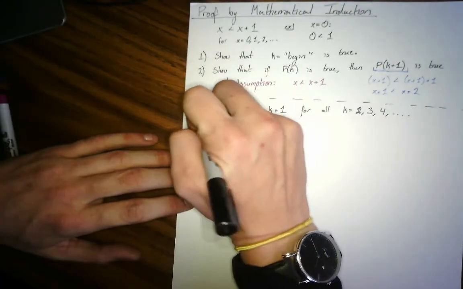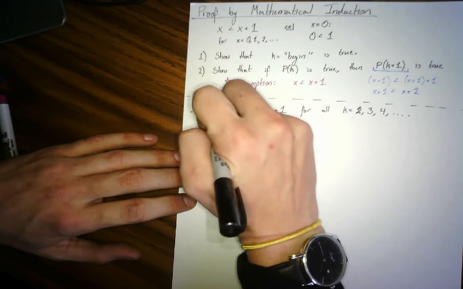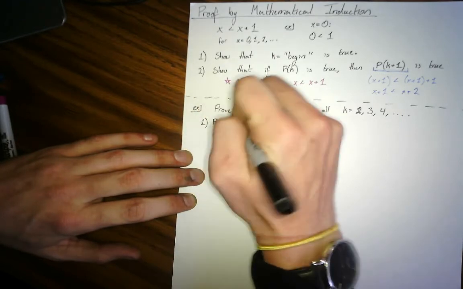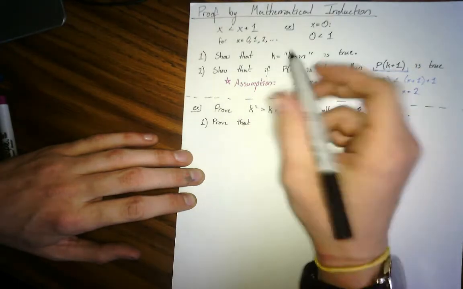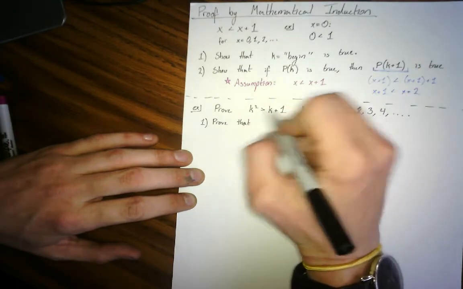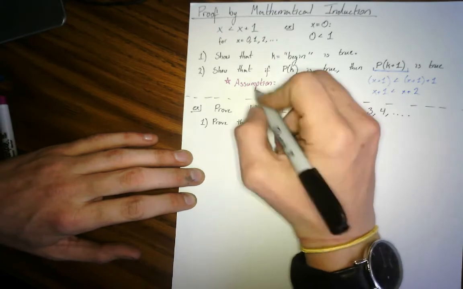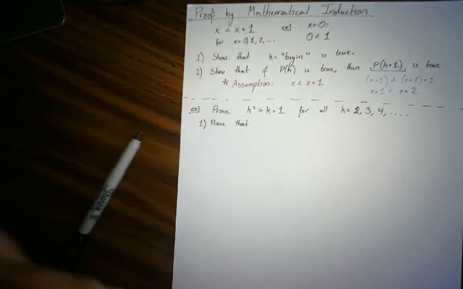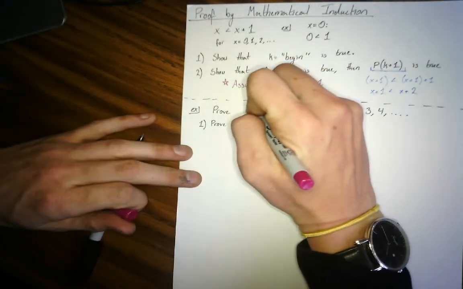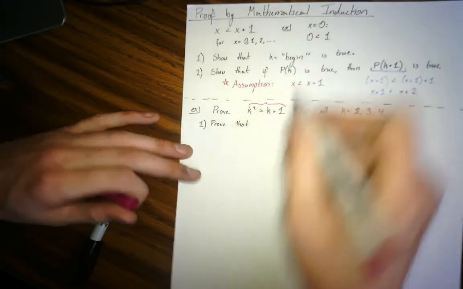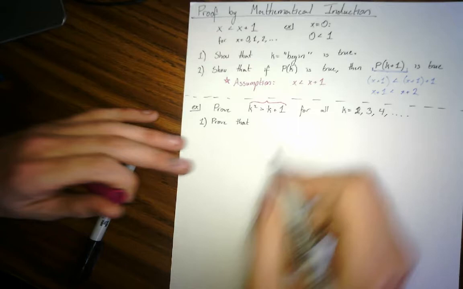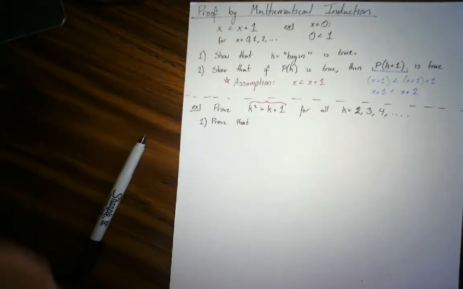So our first thing we want to do is prove that our statement evaluated at 2 is going to be true. The one little thing that always gets caught up here is that nobody knows what the assumption is, and you're always having difficulty figuring that out.